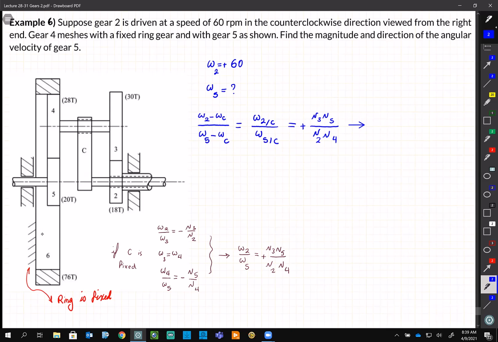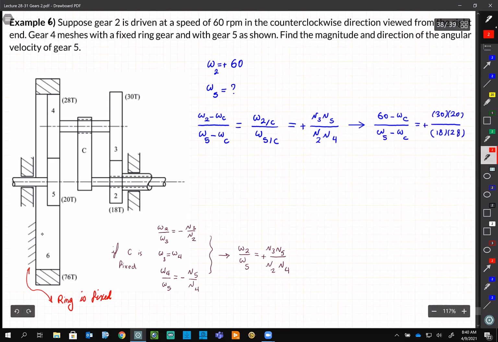I know omega 2, so 60 minus omega c. Omega 5 is unknown, minus omega c. We have N3, N5, N2, and this is positive. 2 unknowns.